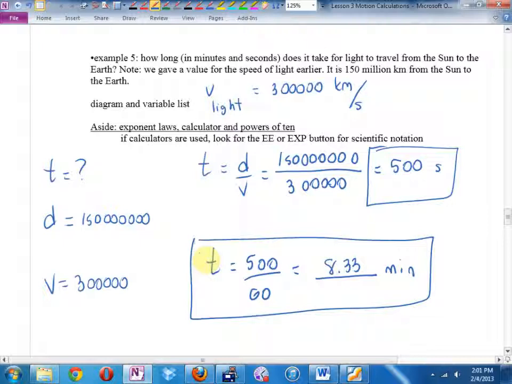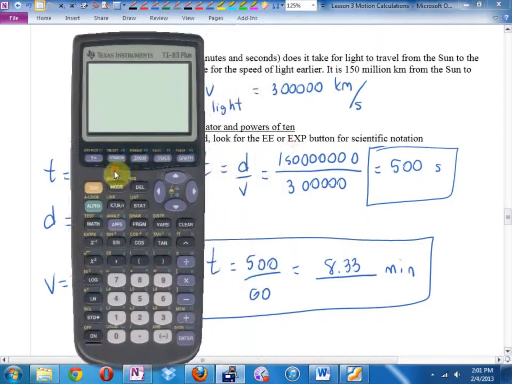I wrote down here exponent laws, calculators, and powers of 10. If calculators are used, look for your EE or your exponent button for scientific notation. Have you guys done scientific notation in Science 9 or Math 9? Okay. You can use your scientific notation button.